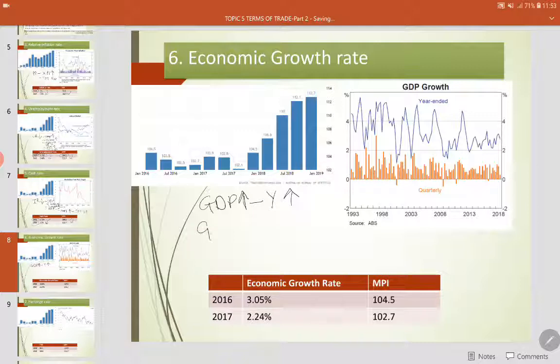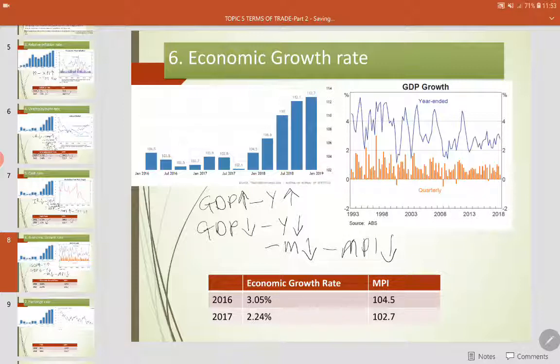The other way around, if GDP falls, there'll be less income, your disposable income will fall, you'll be spending less on imports, and then your import price index will fall.